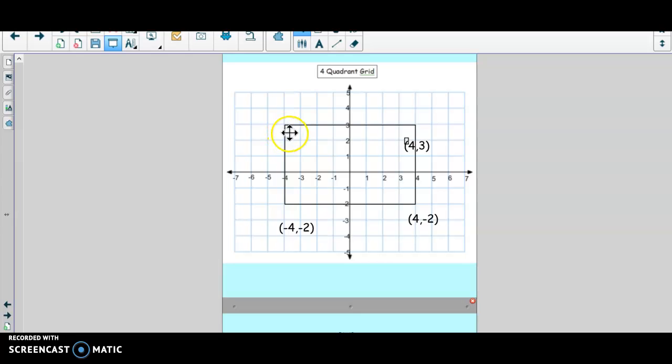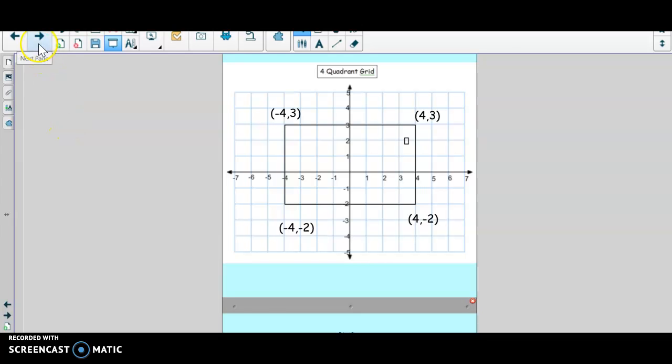Okay, what about this final vertices? We're still -4 along, aren't we? But we're 3 up this time. So it's got to be -4, 3. There we go. There's all 4 points plotted.